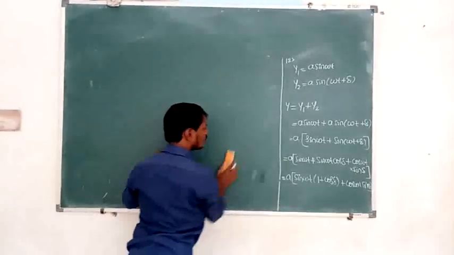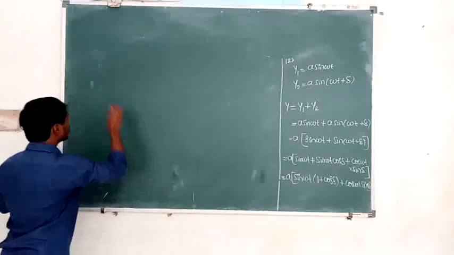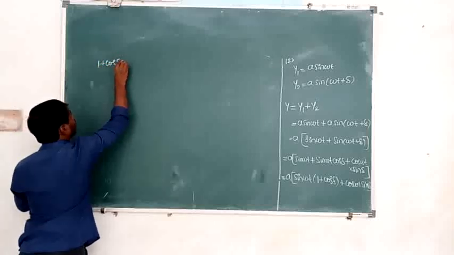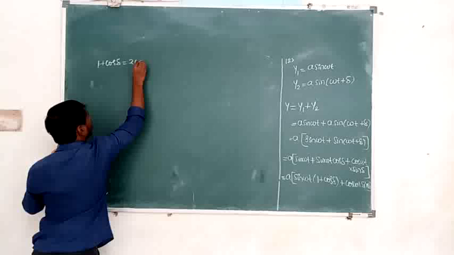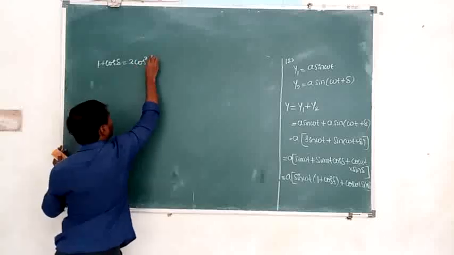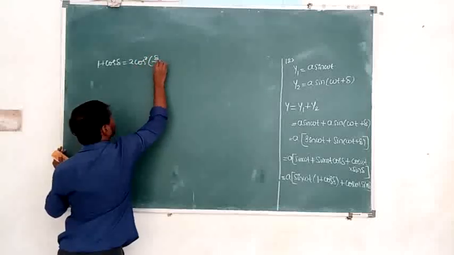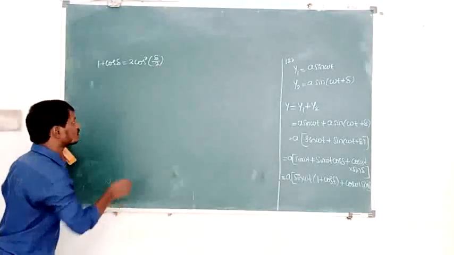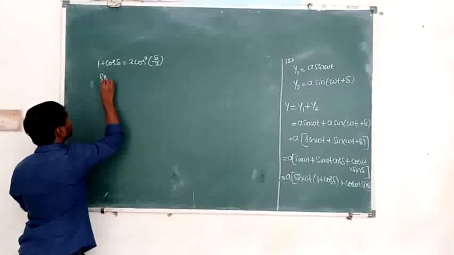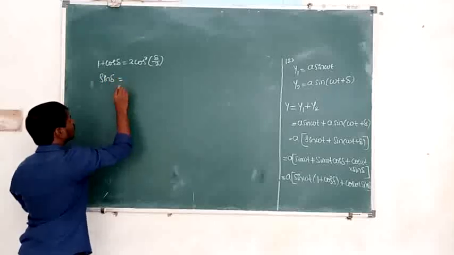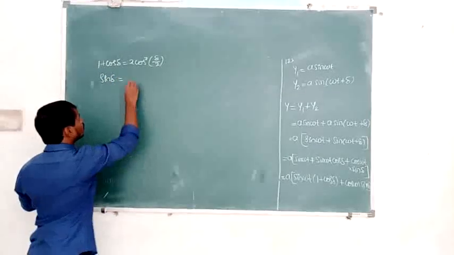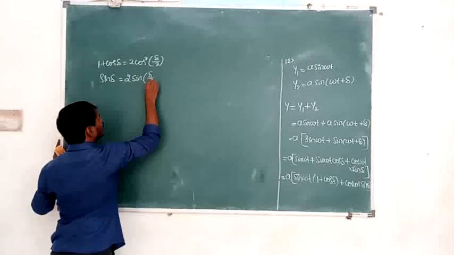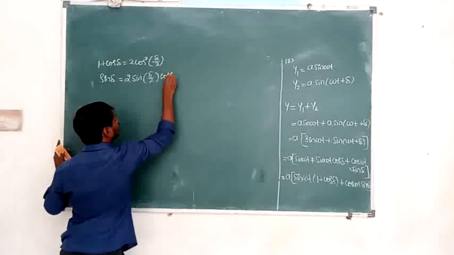To find del now, see, 1 plus cos del is 2 cos square del by 2. And what about sin del? Sin del, or sin delta, is 2 sin del by 2 into cos del by 2.